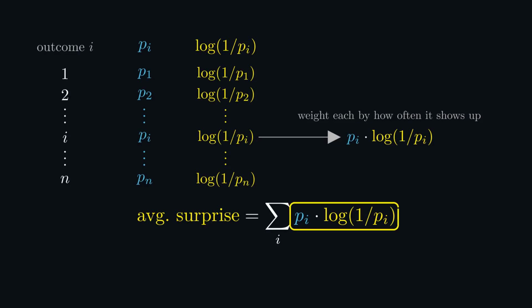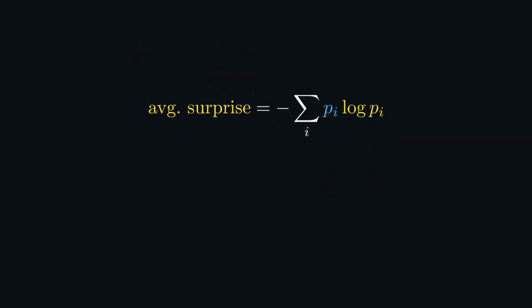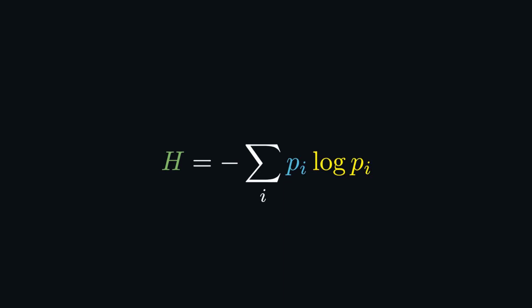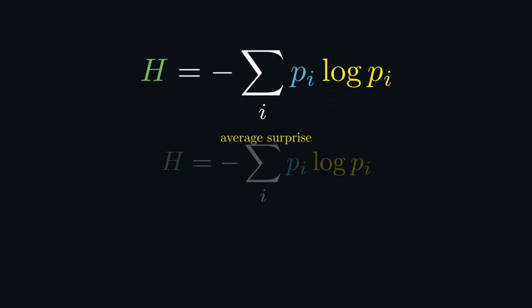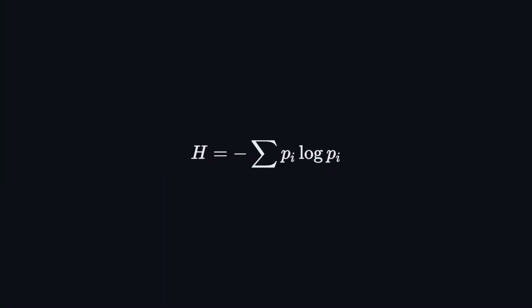Then we sum. That is literally the expected value of the surprise across all outcomes. Pull the minus sign out front and you arrive at the formula at the heart of information theory. H equals minus the sum over i of p sub i times log p sub i. Entropy is the average surprise.